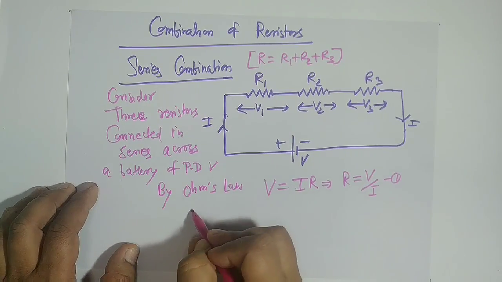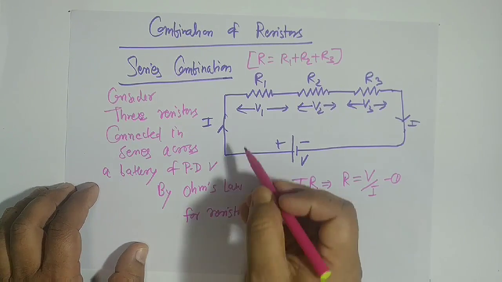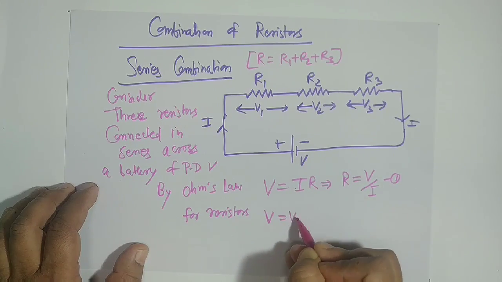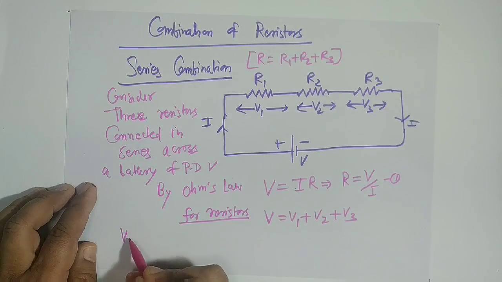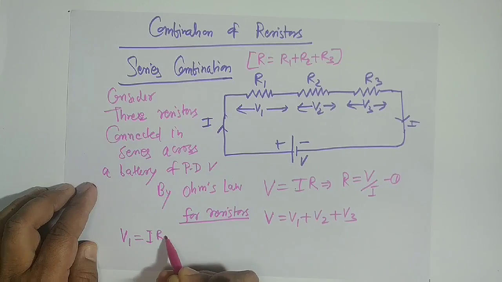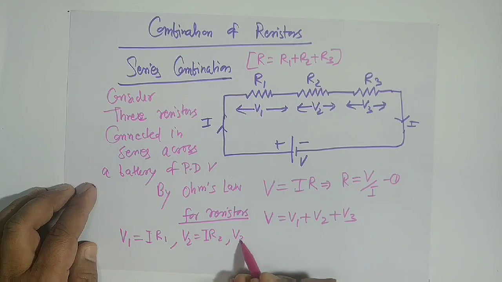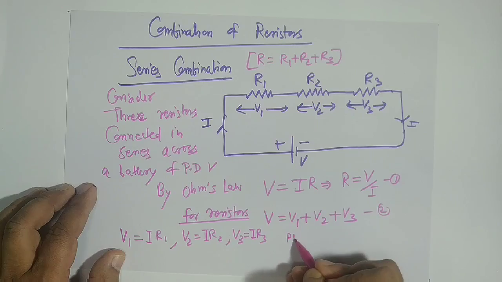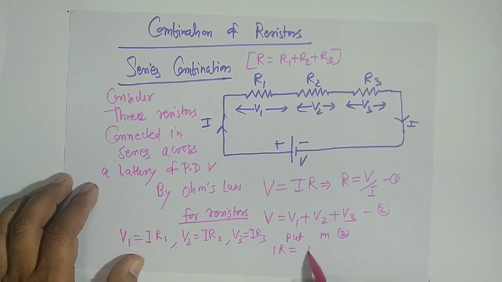Now for all the resistors, the net potential difference is V1 plus V2 plus V3. V1 is IR1, V2 is IR2, and V3 is IR3. So putting these in, we get IR equals IR1 plus IR2 plus IR3.